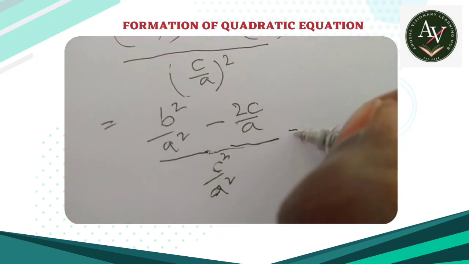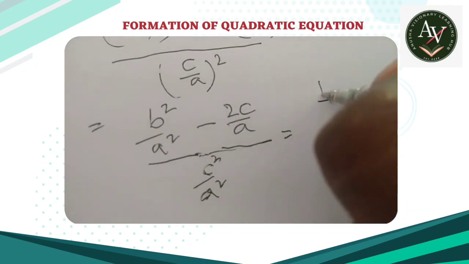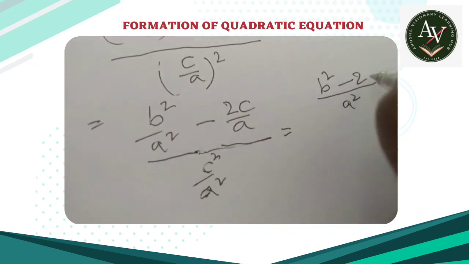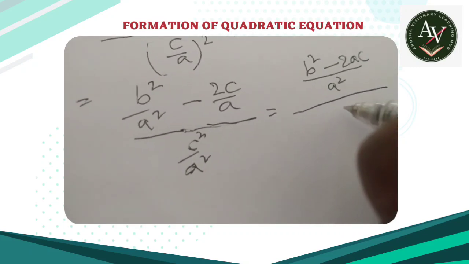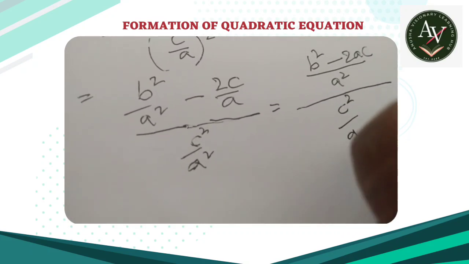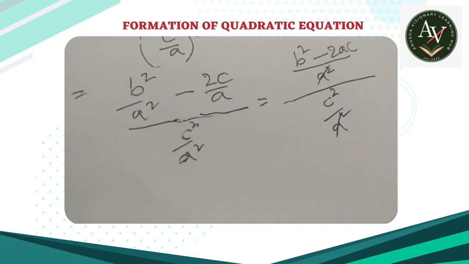If you take the LCM, then it will be (b square minus 2ac) whole divided by a square, over c square by a square. Here the denominators a square and a square will be cancelled.